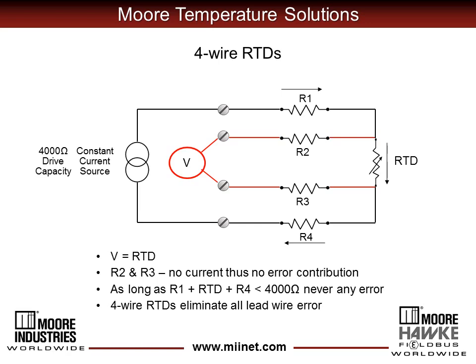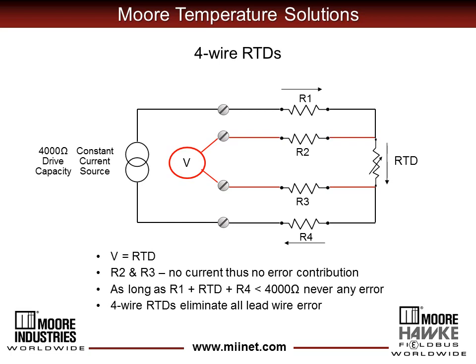Remember, the voltage measurement is high impedance. So for all practical purposes, there is no current flow through lead wires R2 and R3. Therefore, there is no voltage drop. So when we measure the voltage as shown, it's delivering only the resistance of the RTD.